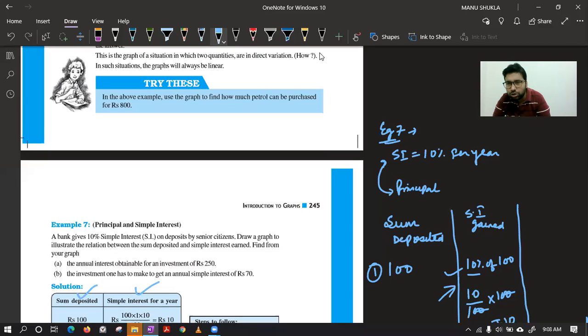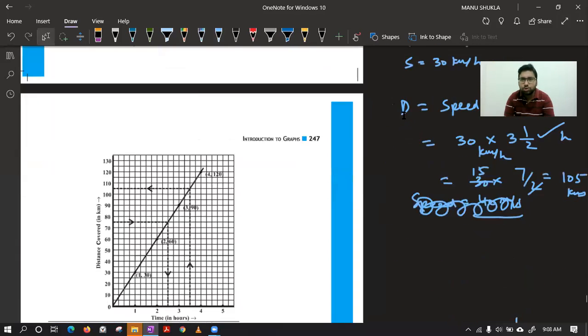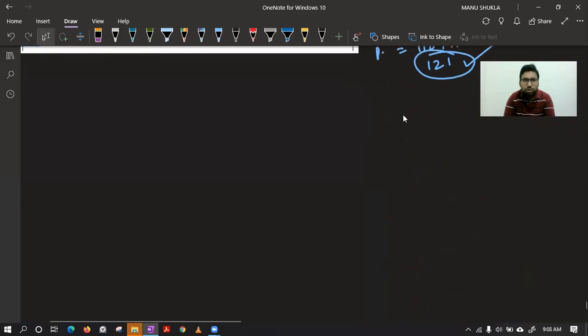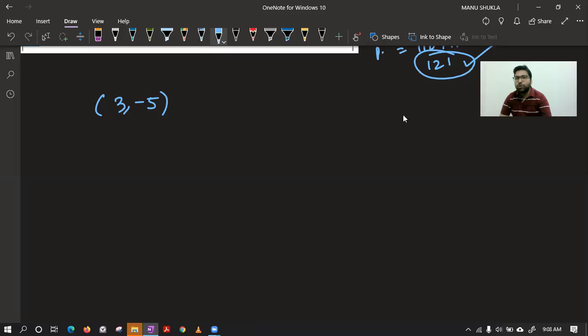Sir, how to plot on graph also? Harshul, what beta? How to plot on graph? We have understood this thing already. Suppose you have a point 3 comma minus 5. Suppose you want to plot a point 3 comma minus 5. You just have to first draw the axis like this. This is your y-axis.